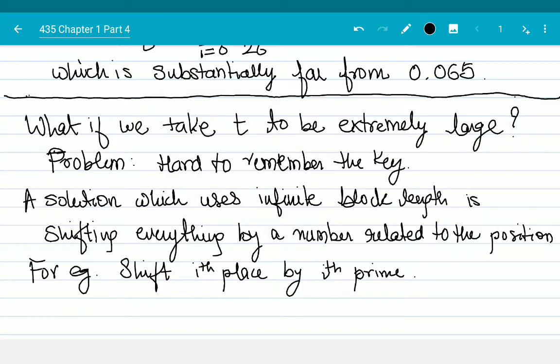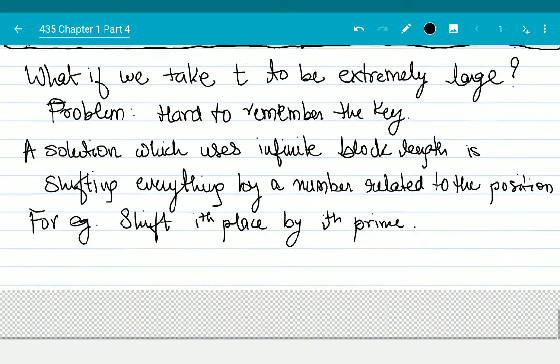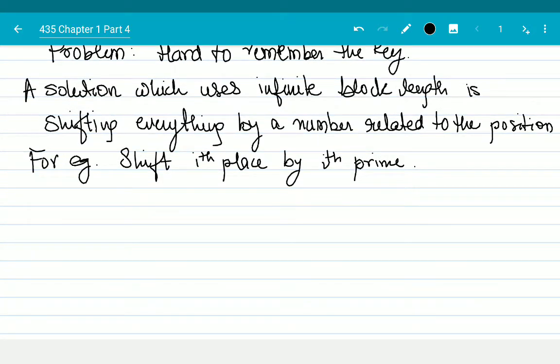Okay. And maybe you can do this by saying that I don't want to shift everything by always the same thing, but for example, if we were to do this, I would want to shift.